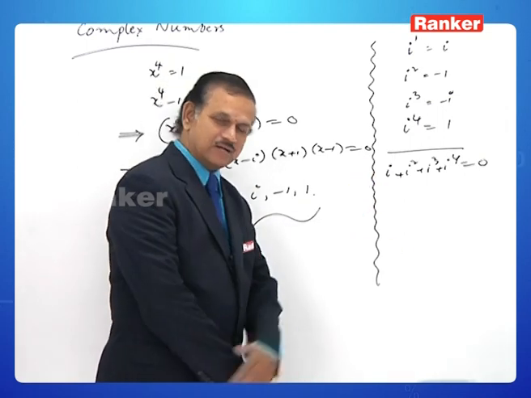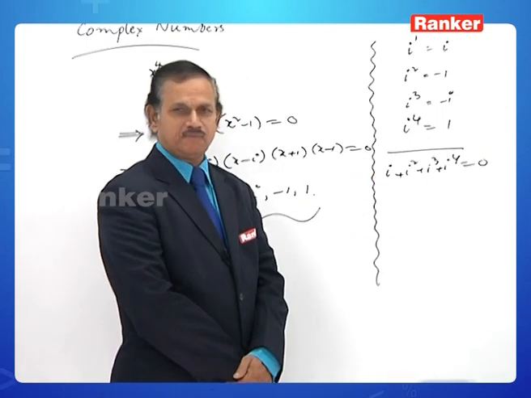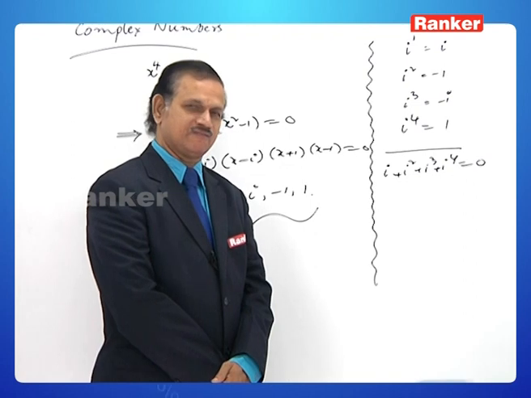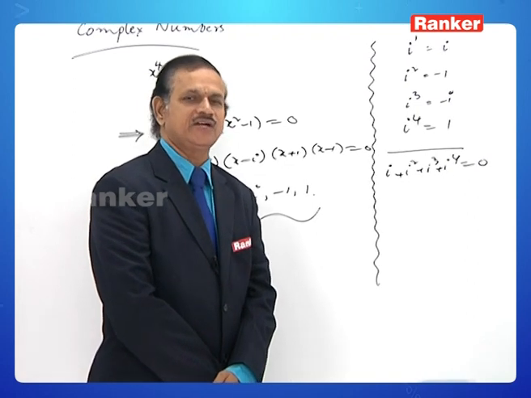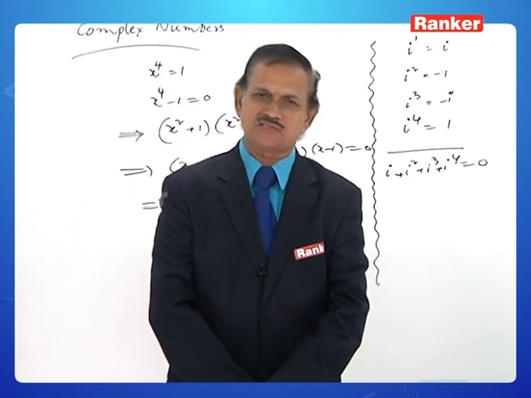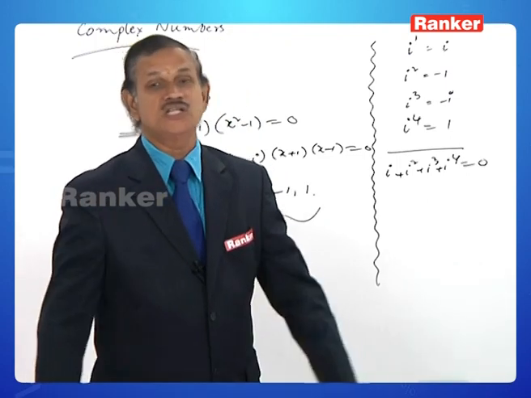So by looking at that, can we say that the sum of all 4 successive integral powers of i, whatever 4 successive integers you take, is 0?